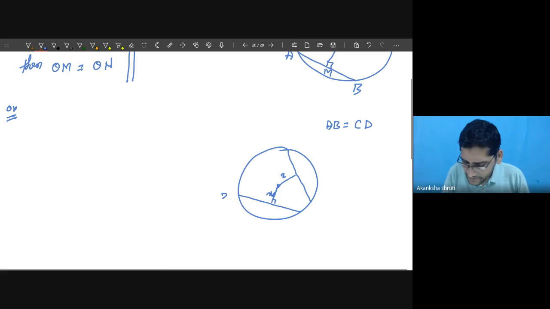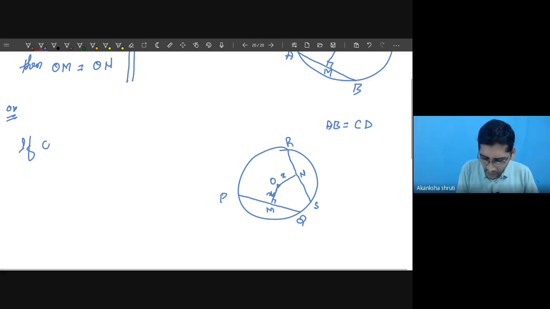Let us call this PQ, and this RS, the center O, and the feet of the perpendiculars M and N. So if OM is equal to ON, then the chord length PQ will also be equal to the other chord length RS. Okay, student?